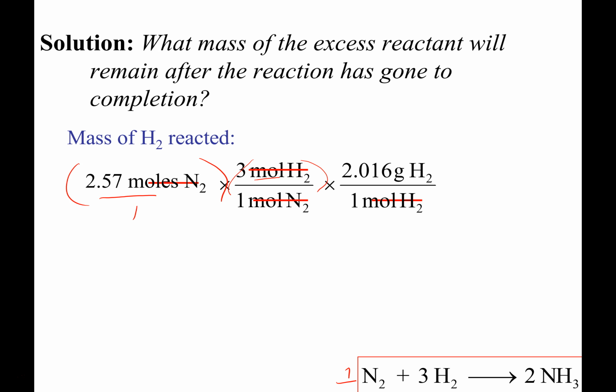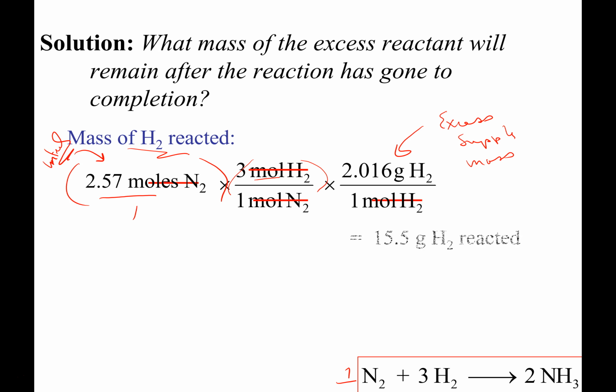So what we've done is use the limited reactant, which was N2, to come up with the mass of the excess supply. This is the mass used. Mass of H2 reactant, 3 sig figs. So you're looking at 15.5 grams of H2 was used.